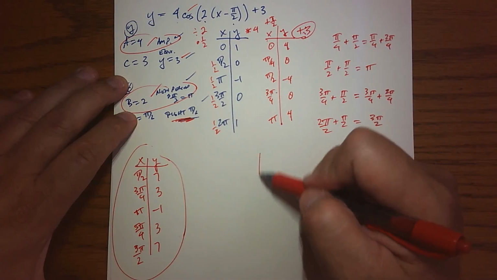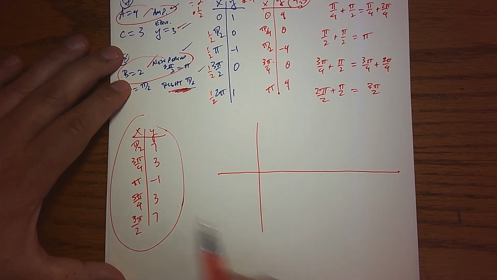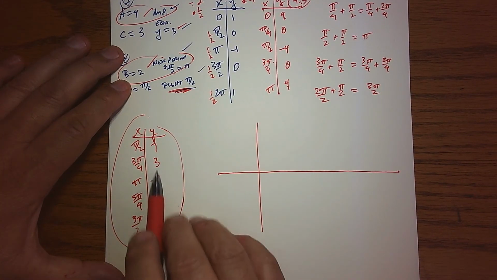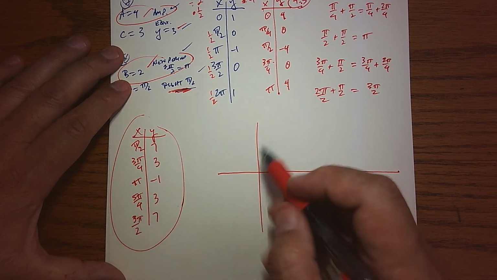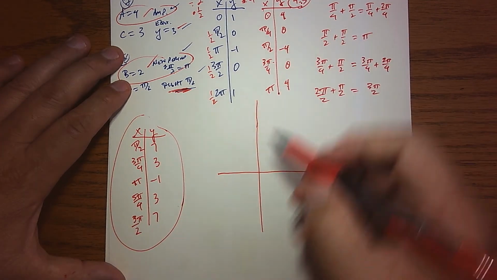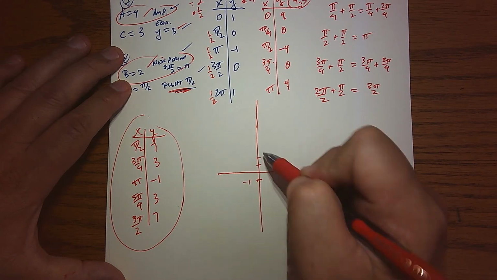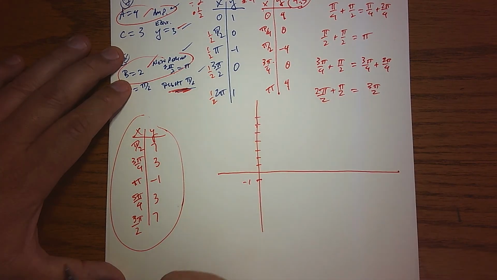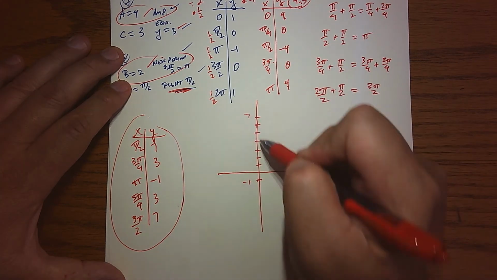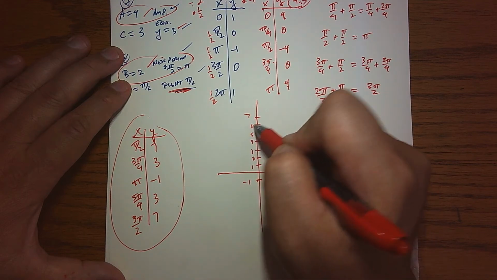So I can go to my grid, and I'll just write something out here. Along my y-axis, we're up to 7 and -1. So perhaps I just do that in steps of 1. So there's -1, 1, 2, 3, 4, 5, 6, and 7.